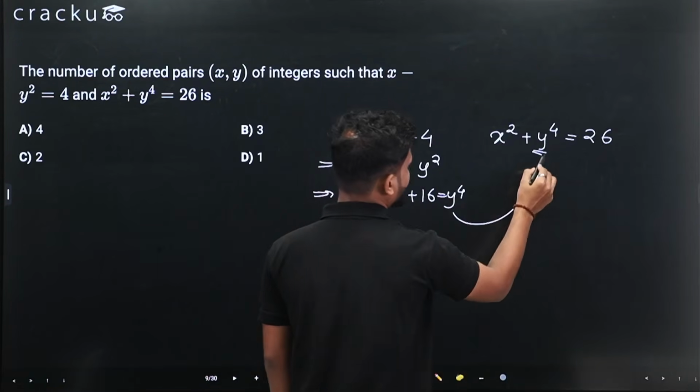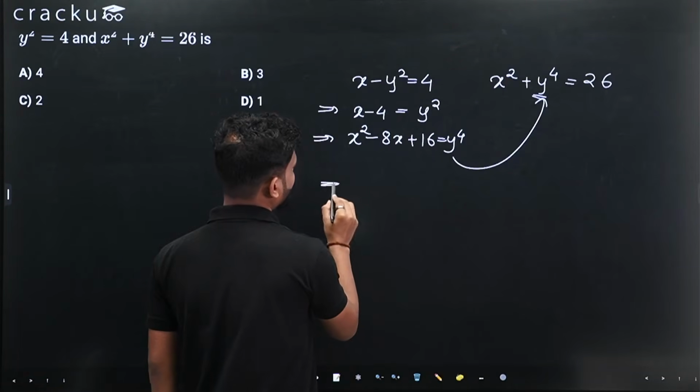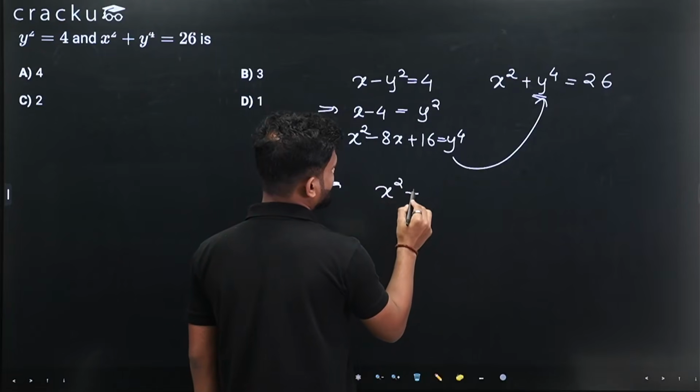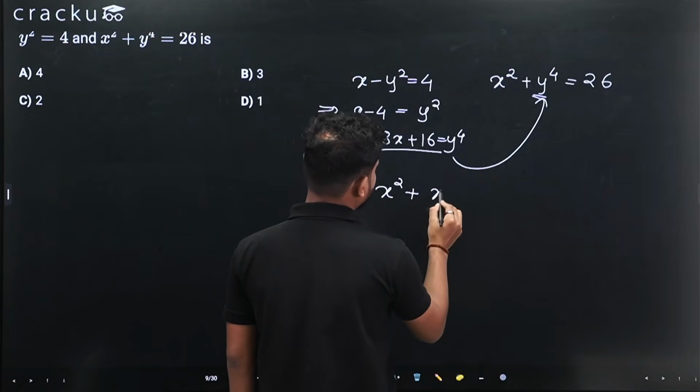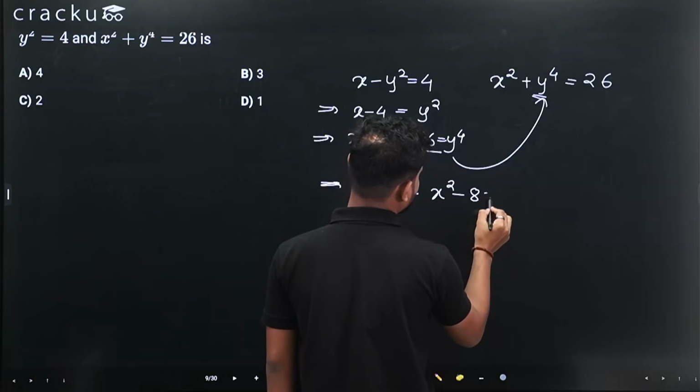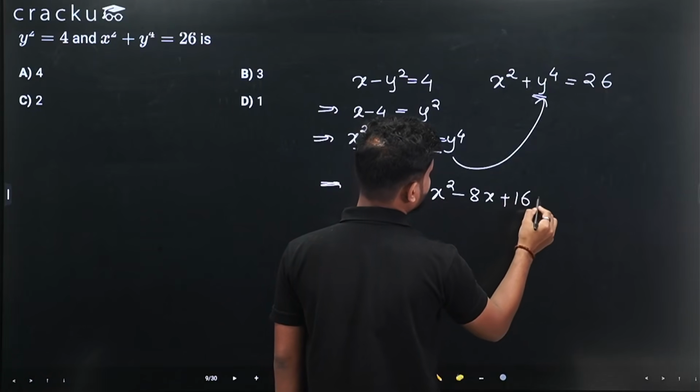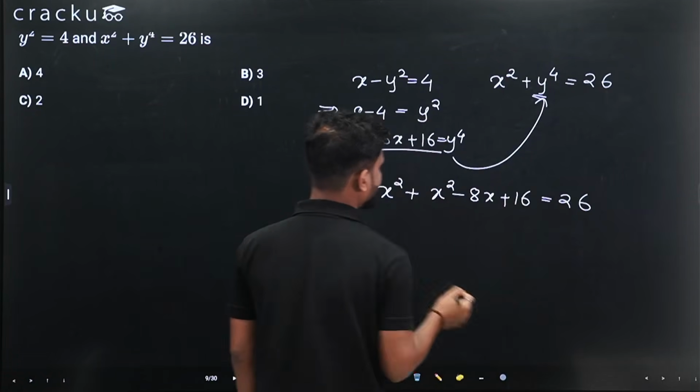Now substitute this value in the given equation. You will get x square plus, what is y raised to 4? x square minus 8x plus 16, is equal to 26.